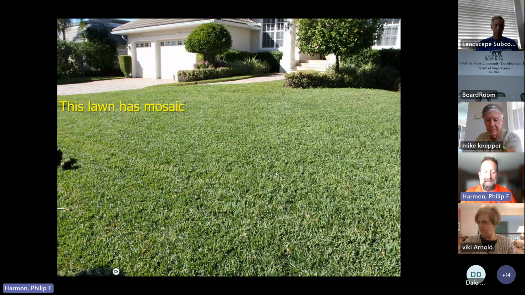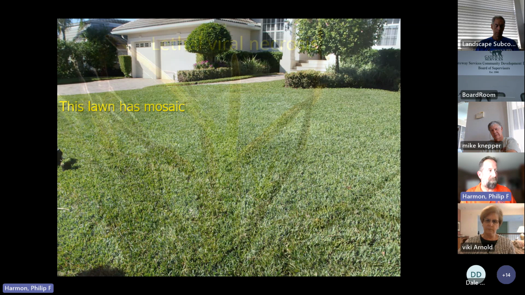We haven't been able to eradicate the virus. It's present. We deal with it by, when the turf starts to look poor, moving away from turf that's susceptible to lethal viral necrosis and putting in turf that develops only mosaic and still gives us a nice green lawn that's acceptable for the homeowner, for the community standards, and for the folks that are managing this lawn.